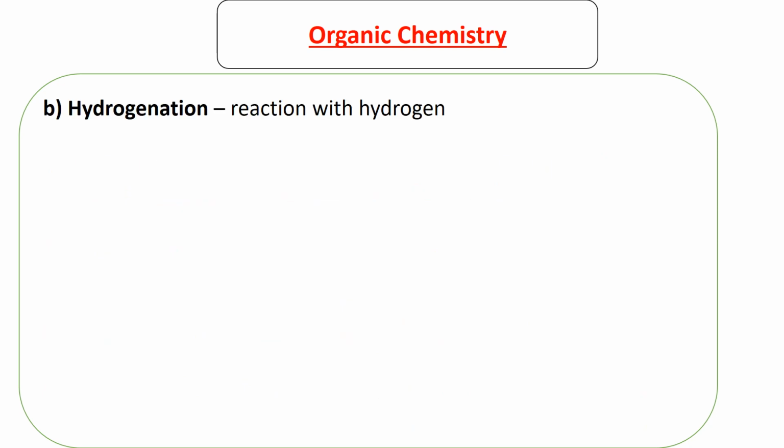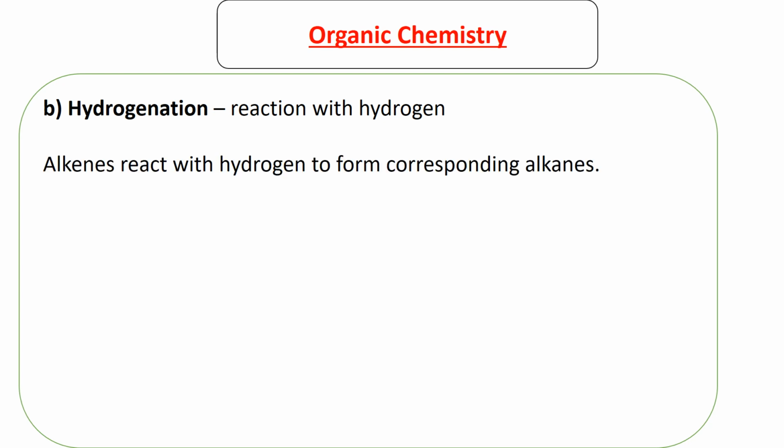The second addition reaction is hydrogenation. Hydrogenation is a reaction which basically involves hydrogen. It is an addition reaction that involves hydrogen. So alkenes react with hydrogen to form the corresponding alkanes.